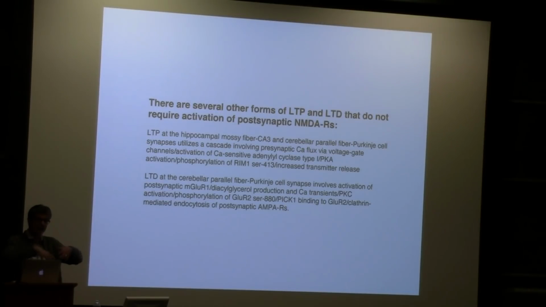LTD. So low calcium preferentially activates phosphatases, and those will tend to remove phosphate from some yet to be established proteins, okay? And that will be the signal for LTD, for depression. As you increase the calcium, you may activate kinases, and the activity of the kinases will be bigger than the activity of the phosphatases.